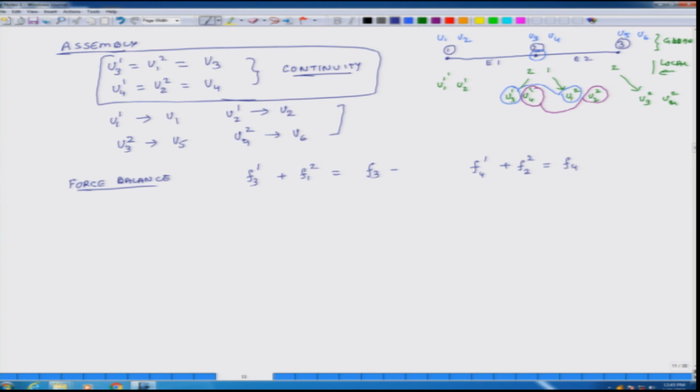And then when I look at Q's, Q3 1 plus Q1 2 equals Q3, and Q4 1 plus Q2 2 equals Q4. So, these are the equations for making sure that we account for forces correctly.